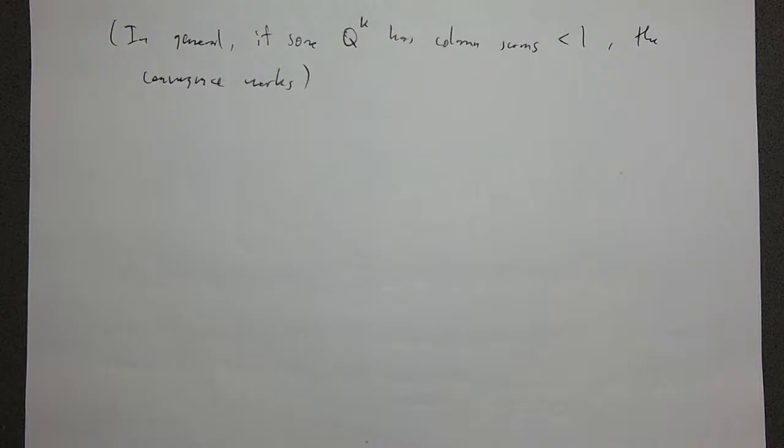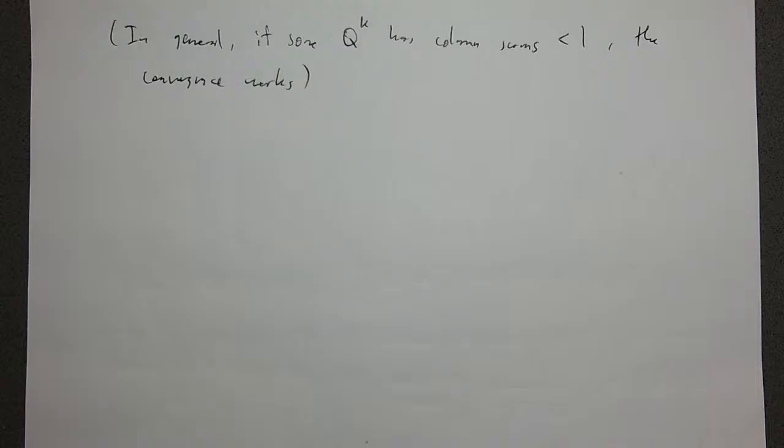Now, this q to the k is the upper left block. This lower left block is going to have non-zero entries in each column for large enough k, just by the definition of absorbing Markov chains.